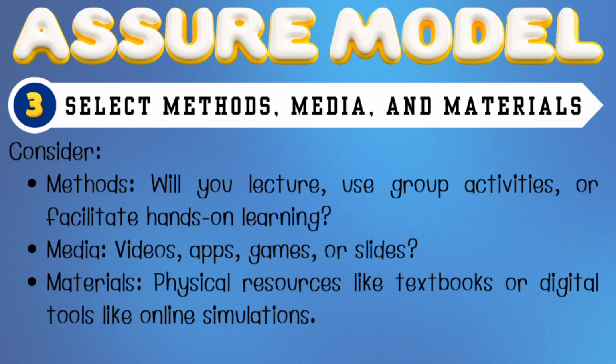And for materials, physical resources like textbooks or digital tools like online simulations. Select tools that cater to your learners' needs while keeping the objectives front and center. Relevant media and content materials such as sound, graphics, text, animations, and videos must be selected for effective learning outcomes.